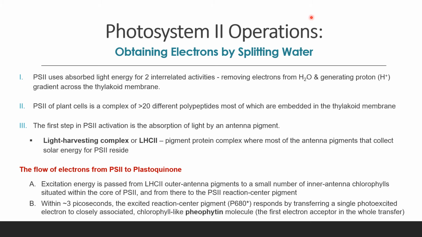This first electron transfer generates a separation of charge in photosystem 2 between a positively charged donor, which is the P680, and the negatively charged acceptor pheophytin. Because they are oppositely charged, they exhibit an obvious reactivity with one another, since one is positive and one is negative.